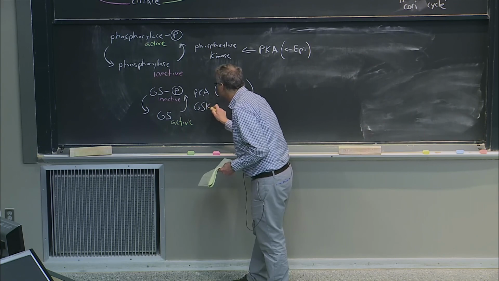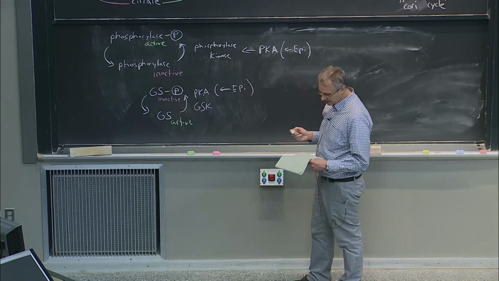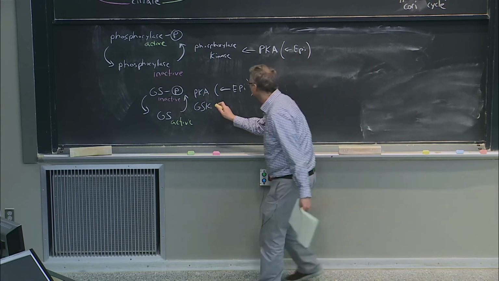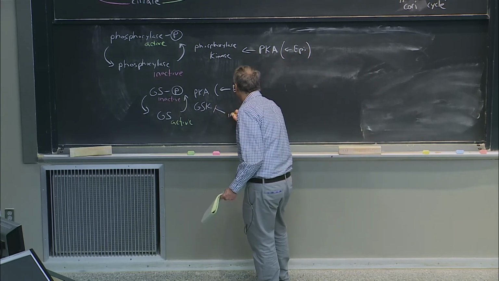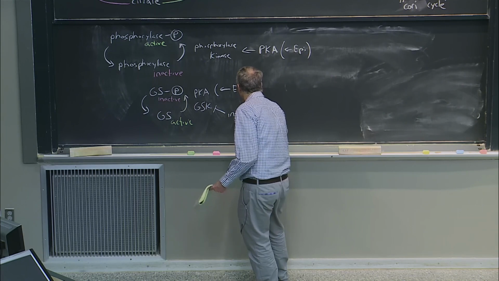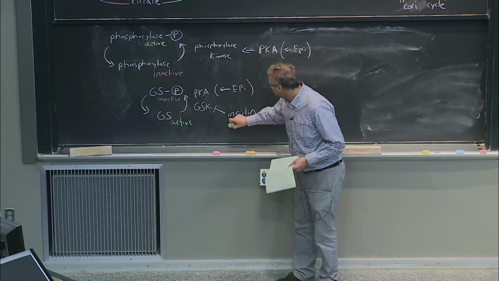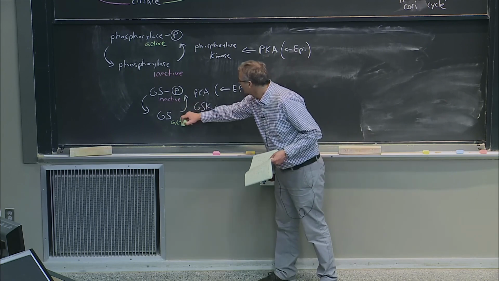Another kinase that phosphorylates glycogen synthase is a kinase called GSK, or glycogen synthase kinase. This kinase is inhibited by insulin signaling, and so this is a negative of a negative, right?